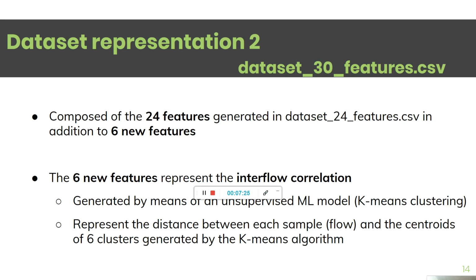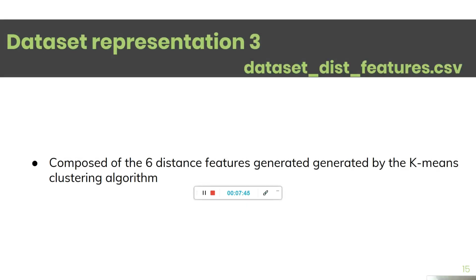And the 6 new features represent, for each flow, the distance of that flow or that data sample to the centroid of each one of those clusters generated by the k-means clustering algorithm. We'll explain that further in a following slide.